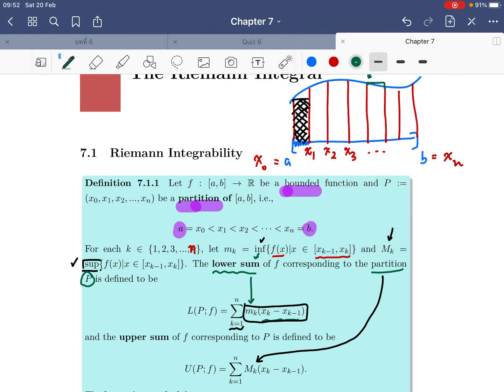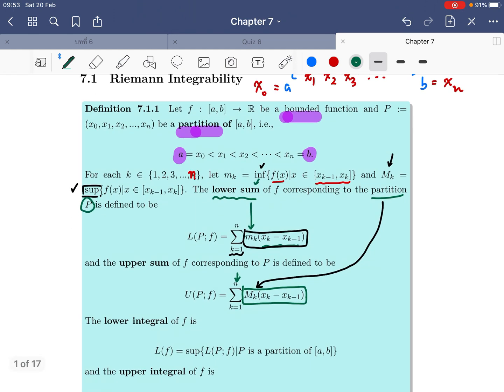We do the same thing: we multiply the supremum over that closed interval with the length of each closed subinterval, so that each one of them, before being added, is the area of a strip over that closed interval from x_(k-1) to x_k, and then later on you sum all the areas together to get your upper sum.